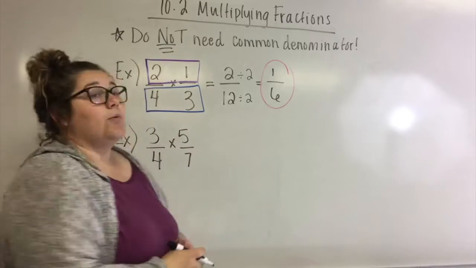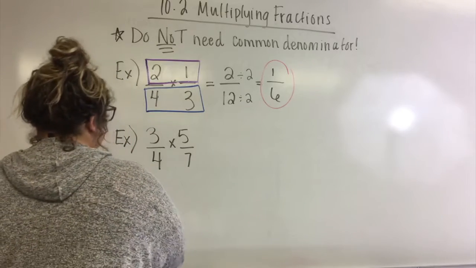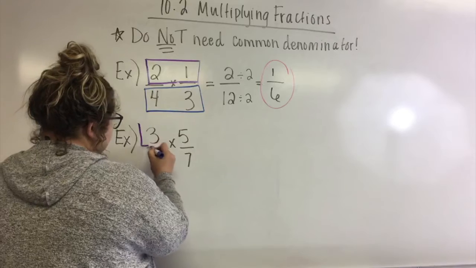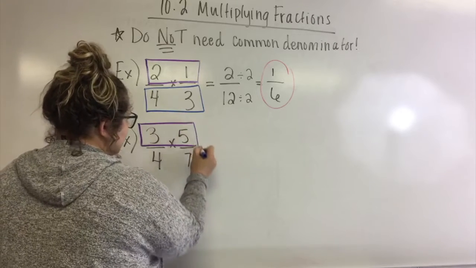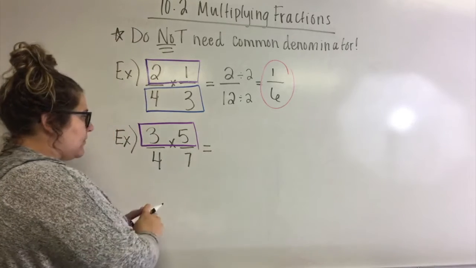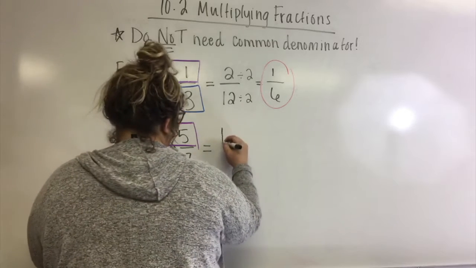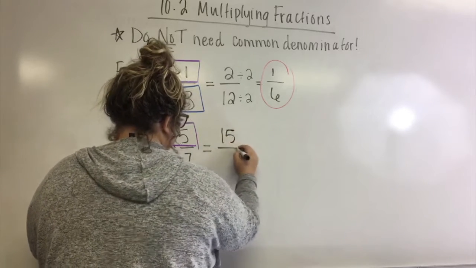So, what's our first step? Multiply the numerators together, straight across. Numerators are 3 times 5, 15.